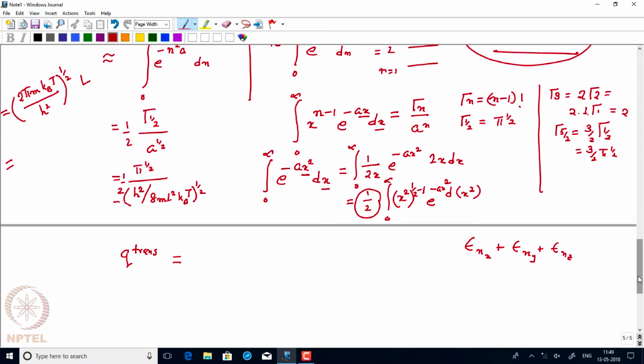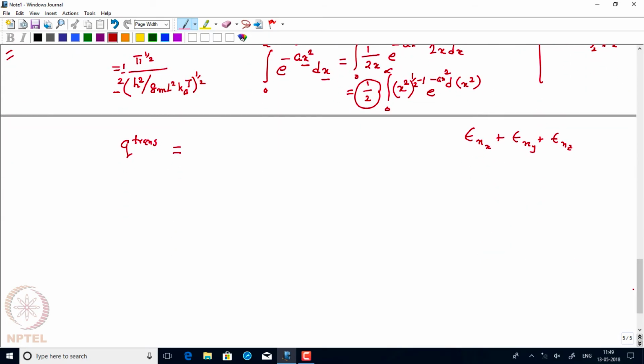And how will the partition function go for this? You can easily think that the partition function will be a summation over Nx, Ny and Nz. Now it is basically e to the power minus beta into energy.